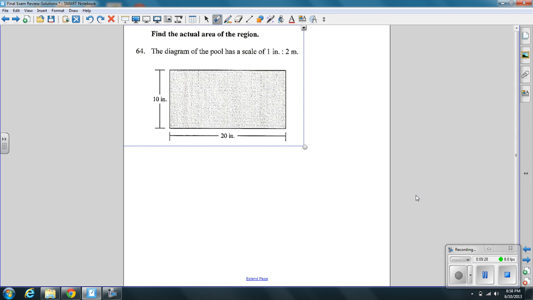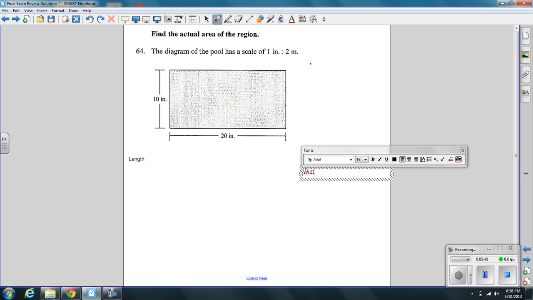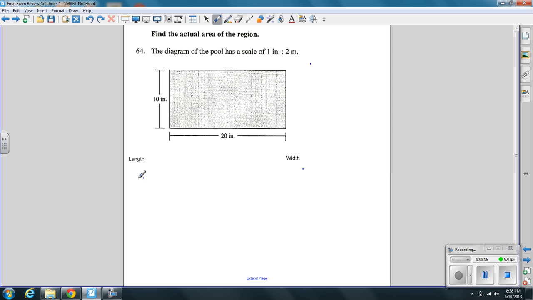Find the actual area of the region. Before we can do that, we have to find the actual length and the actual width of the problem. So we need to break this problem up into two pieces: length and the width. To do the length, we use the ratio given here. Every 1 inch in the model represents 2 meters in real life.